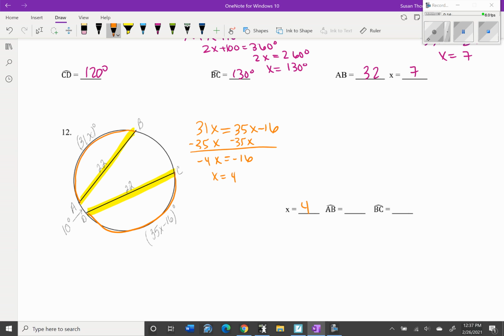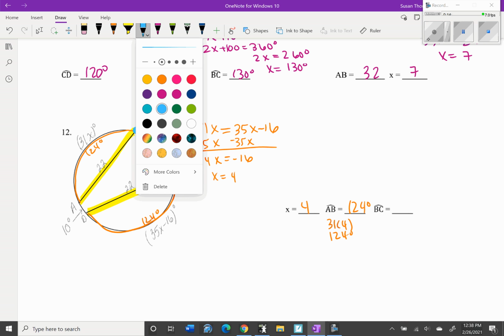So arc AB would be 31 times 4, which gives us 124 degrees. So that means this is 124 degrees, and this arc is 124 degrees. And we want to find what arc BC right here is equal to.